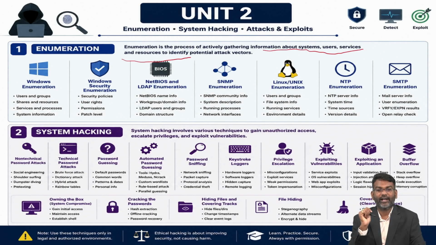For what? To identify the potential attack vectors, where there is a scope of having an attack. Those things we are going to identify and study. So once again, repeating, enumeration is nothing but collecting information from multiple sources, analyzing it, and checking where there is a scope for vulnerabilities. This is nothing but enumeration.